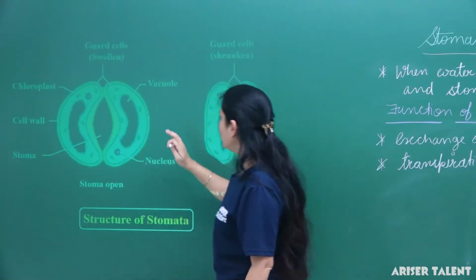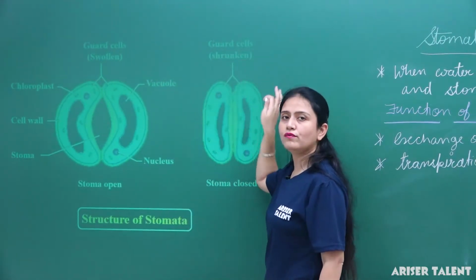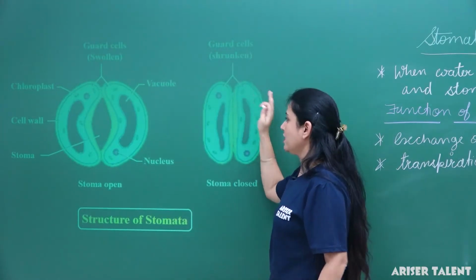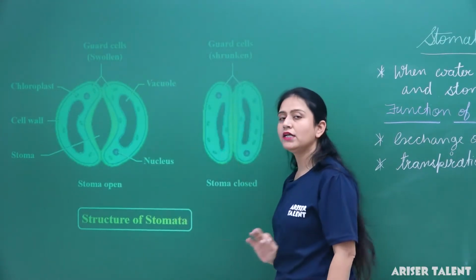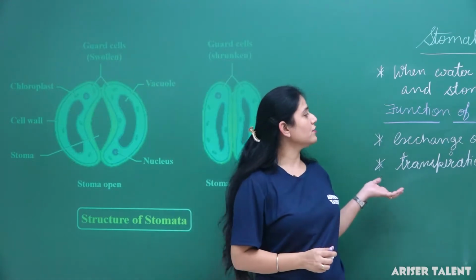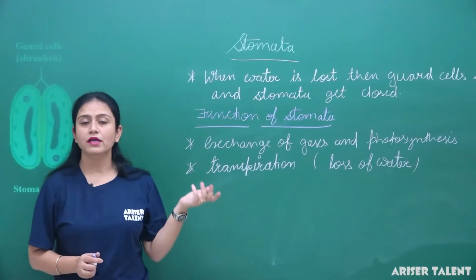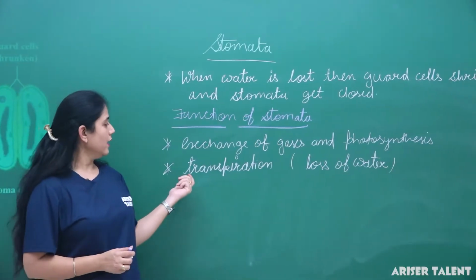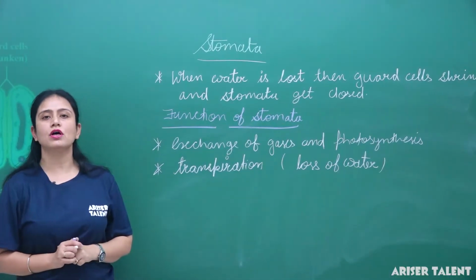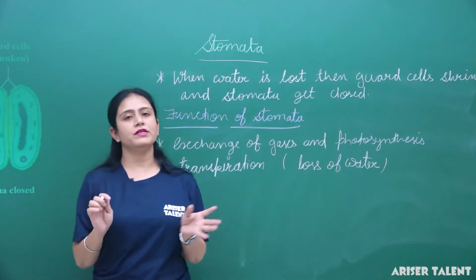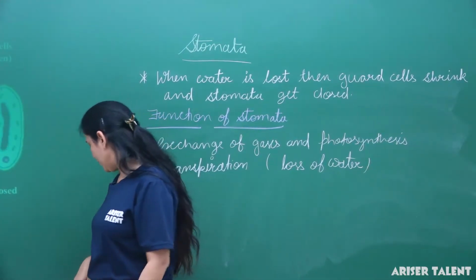But when the water moves out from these guard cells, they shrink and the stomata get closed. So this is the function of stomata: it helps in the exchange of gases, helps in photosynthesis, and helps in transpiration, meaning loss of water. So here the topic stomata gets completed.